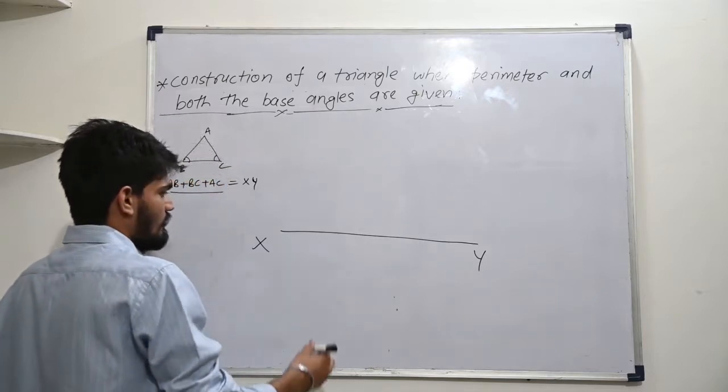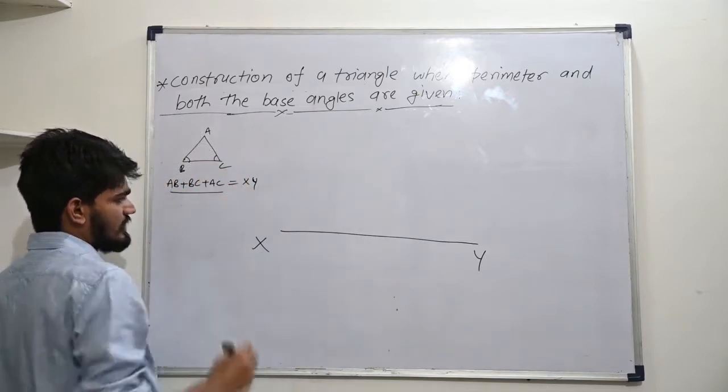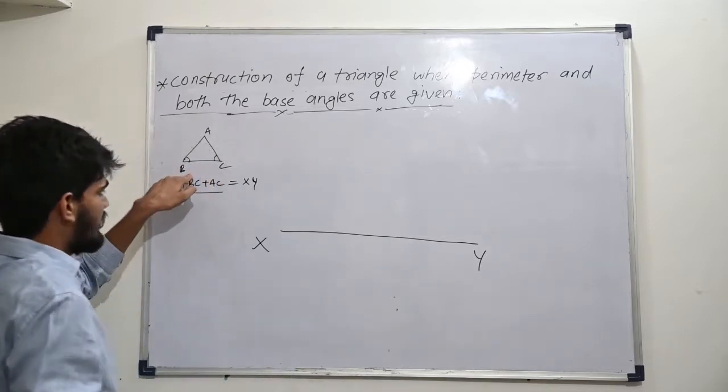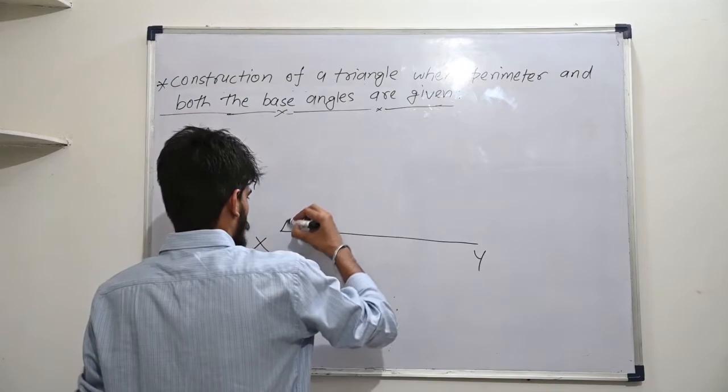Okay. Now we have angle B and C. So with the same measure of the angles B and C, we are going to draw the lines.